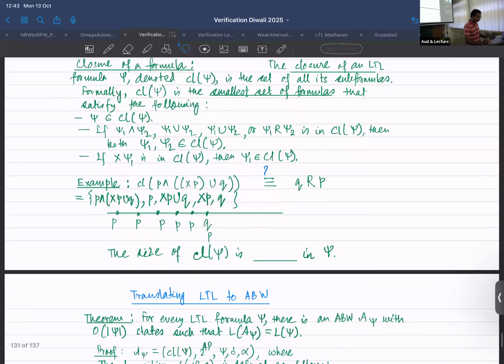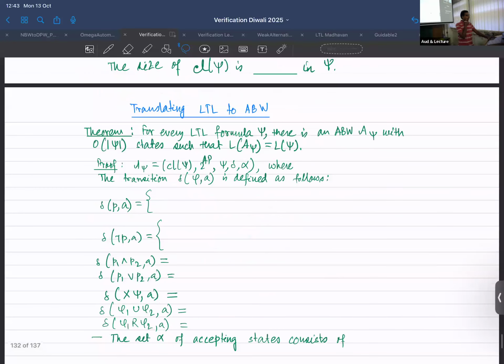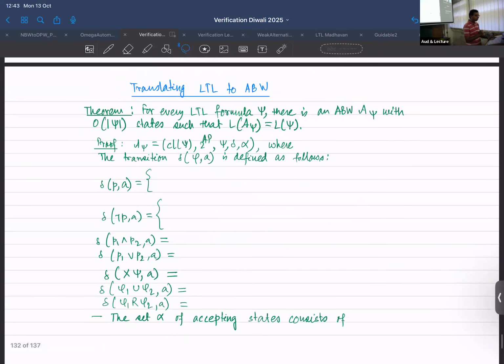Now what we say is that for every LTL formula psi, there is an alternating Büchi automaton, which is not too difficult to see, with order so many states. When we say order, it's the size of the formula itself. What is the size of the formula?